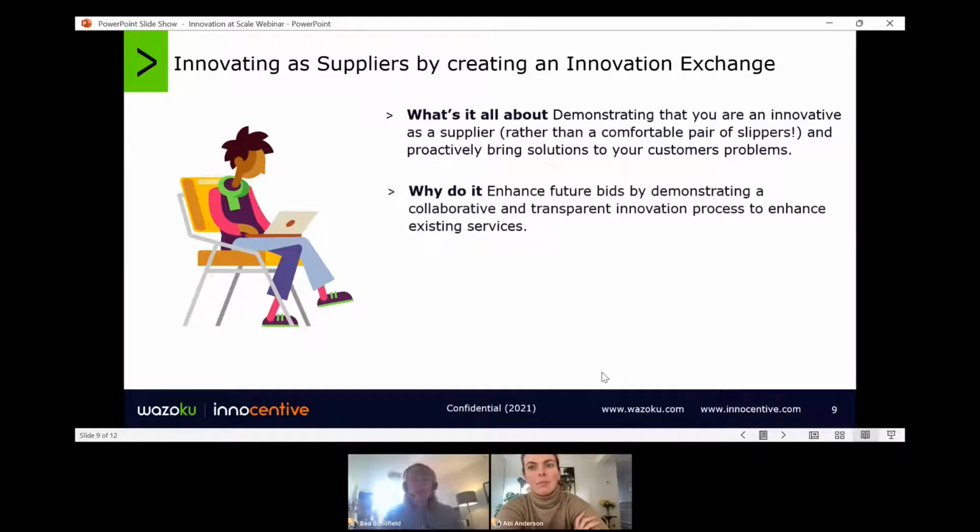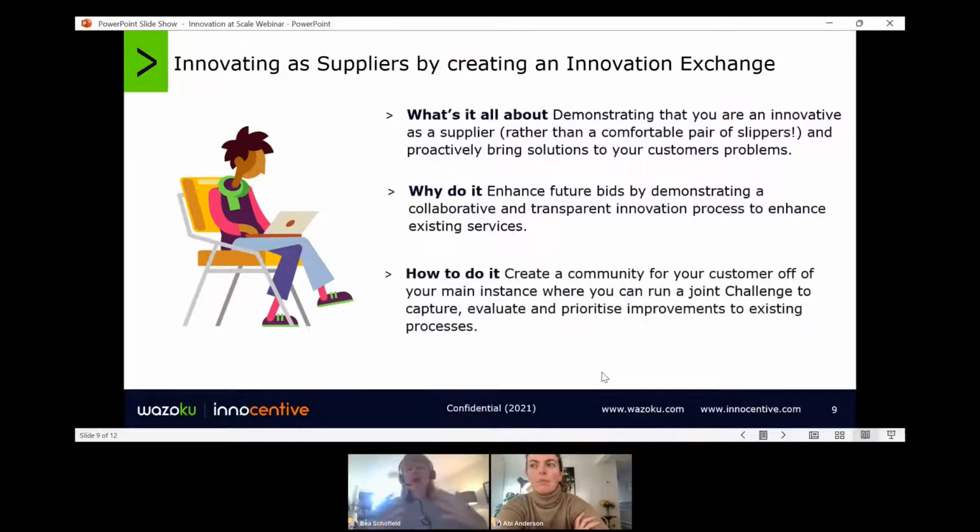One of the reasons they did it, but also we've seen particularly with government organisations supplying into governments, is to enhance future bids, by showcasing that you are yourselves collaborative, you've got the right processes in place to innovate, and that you can enhance existing services rather than just deliver them. So what we're seeing is organizations with their platforms creating a community for one specific customer.